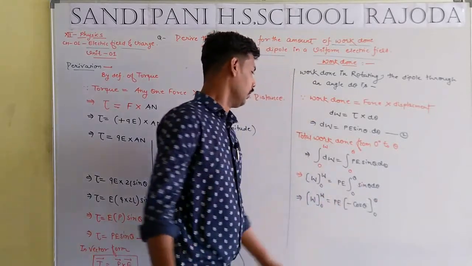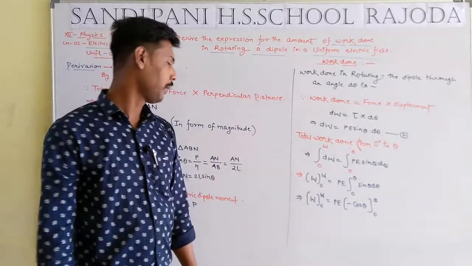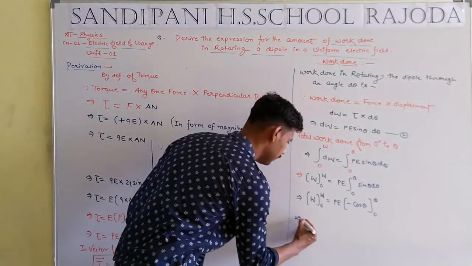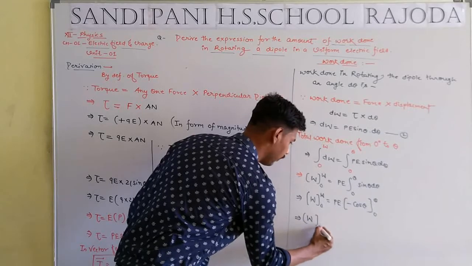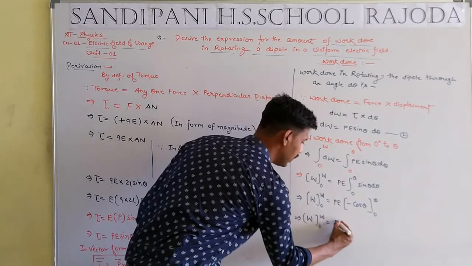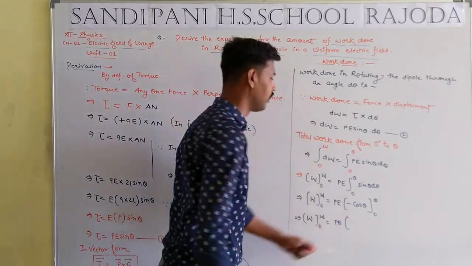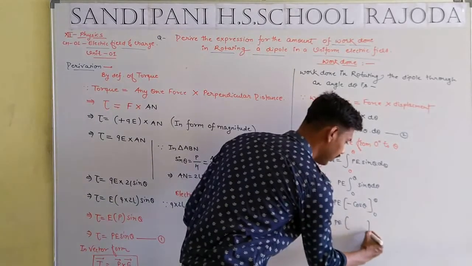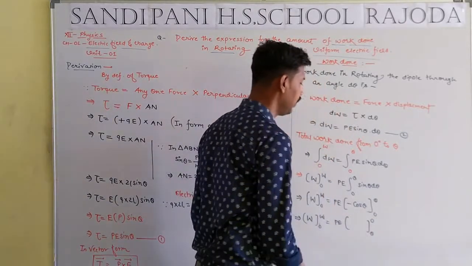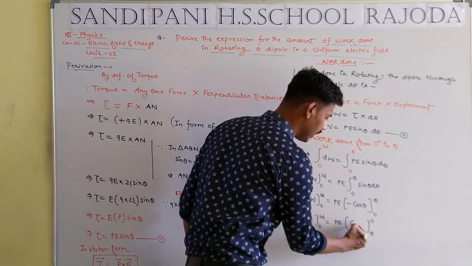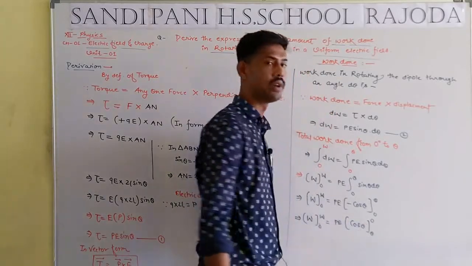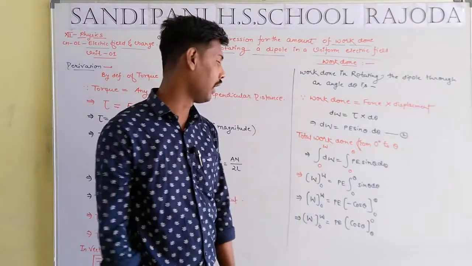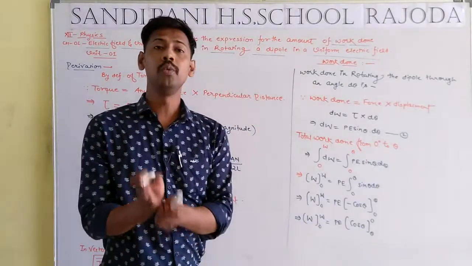Two types of substitutions are there. We are taking the simple method. When the limits are changed, that means the upper limit is converted into the lower limit and the lower limit into the upper limit, the sign will change. So minus cos theta will be converted into plus cos theta. Now, how to solve the limit?